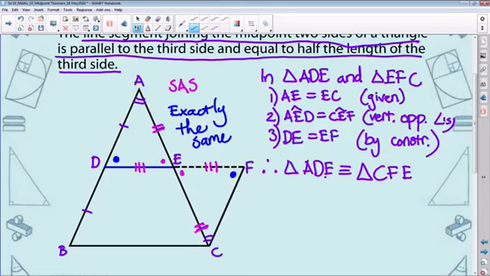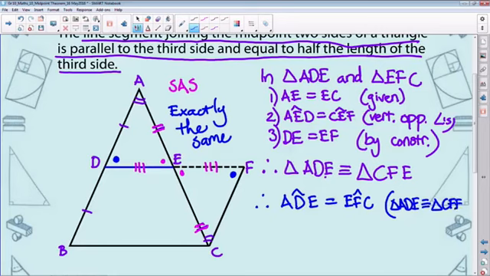So that means, and I'm going to keep it blue because now I'm just going with a different sort, that angle ADE is equal to angle EFC. Why? Because triangle ADE, and I'm going to run out of space, is congruent to triangle CFE. Oh, I made it by the skin of my teeth.